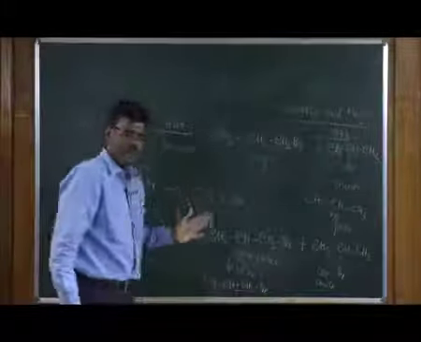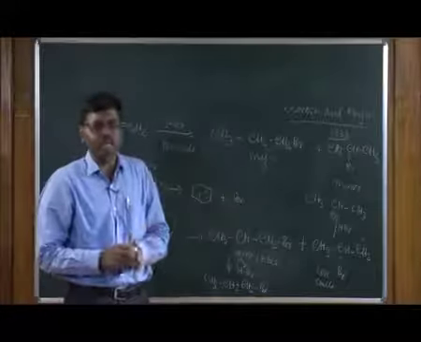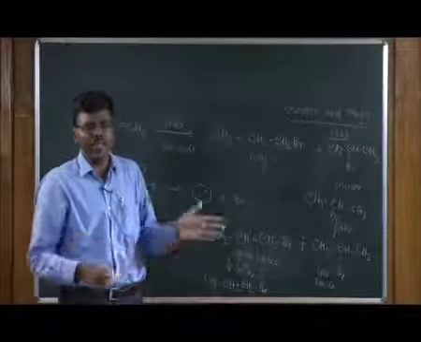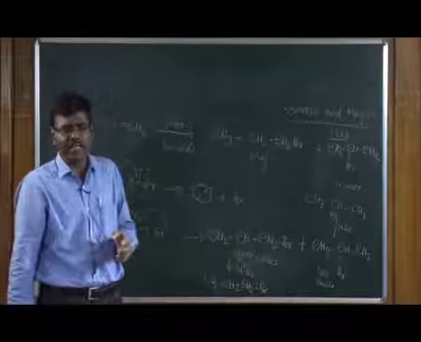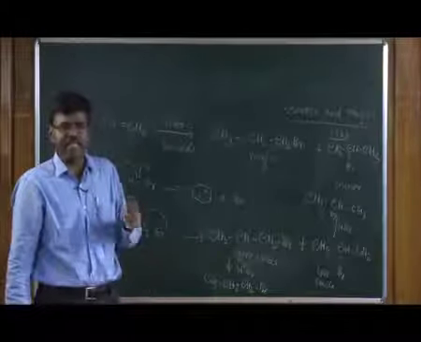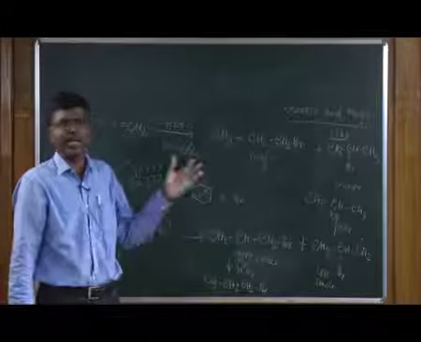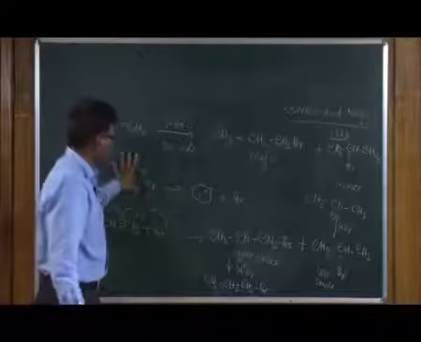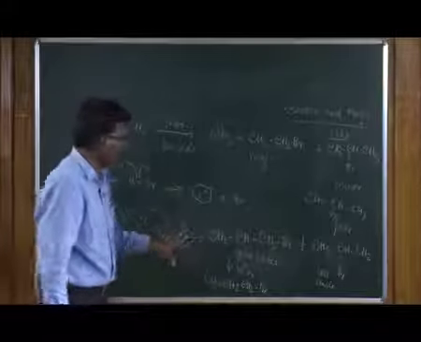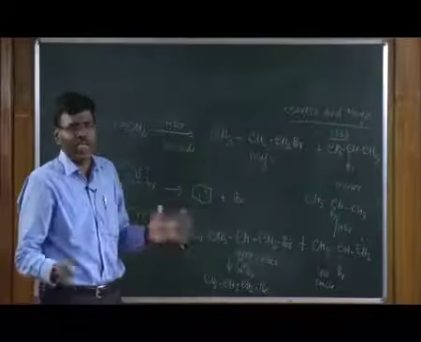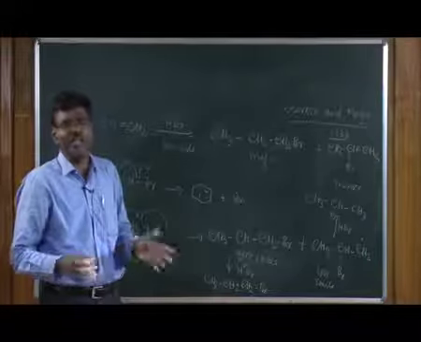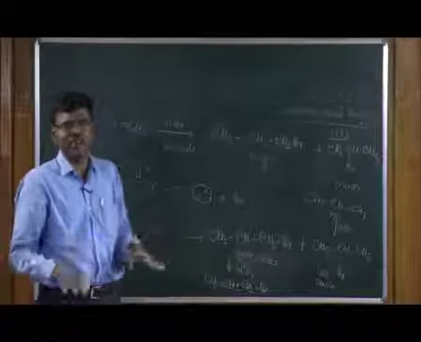However, if you look at the addition of hydrogen halides to alkenes in the previous case, the electrophilic addition reactions, hydrogen iodide, hydrogen chloride and hydrogen bromide can all be added to alkenes. But under peroxide conditions, only hydrogen bromide undergoes addition to the alkene. HCl does not react under these conditions because the bond is strong.